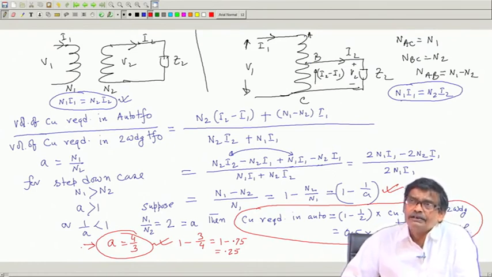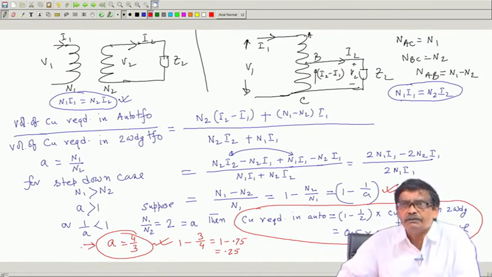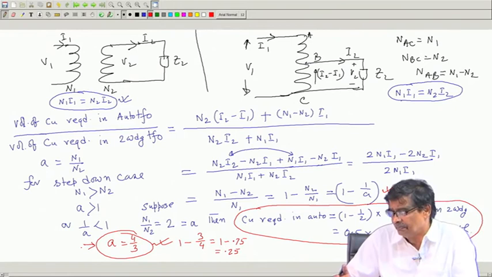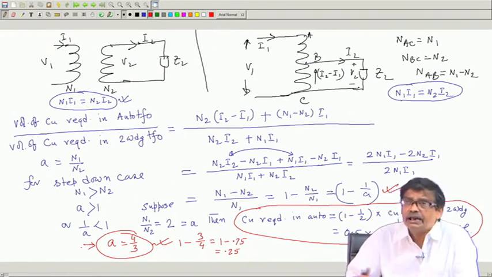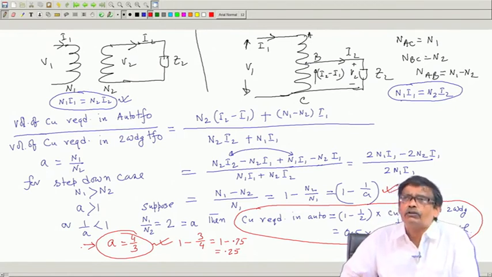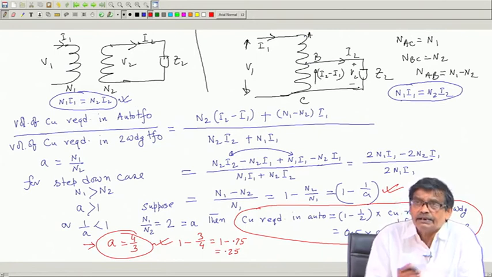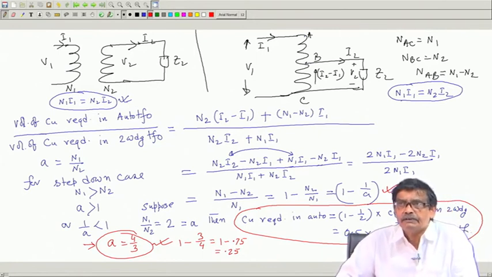It then looks like always go for auto transformer, because less copper will be required. Whether that less is really less or not, that is a secondary issue, but mathematically we note that savings will always take place, no matter what is the value of A. What is the value of A? A is greater than 1 here, is not.